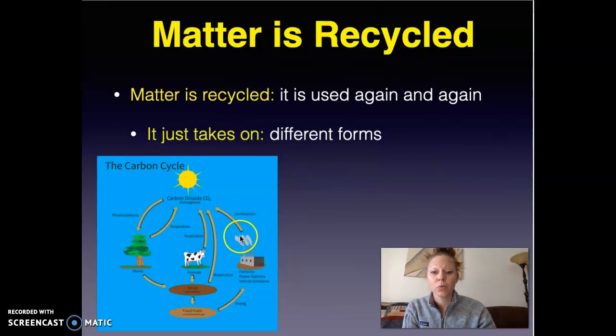So through combustion, we burn that coal, we burn that oil, and when we burn that coal and oil, that carbon is then released. When we break something down with fire, it's called combustion. Those carbon molecules then go into the atmosphere.